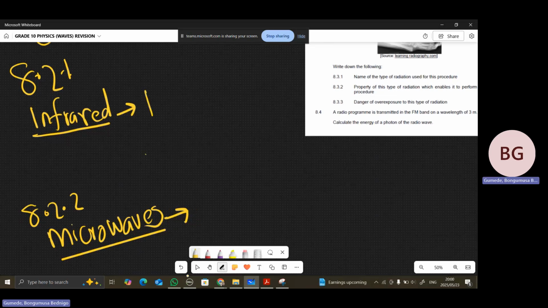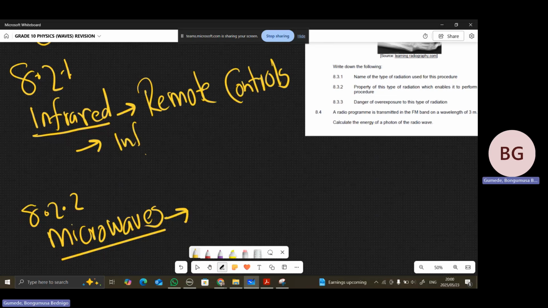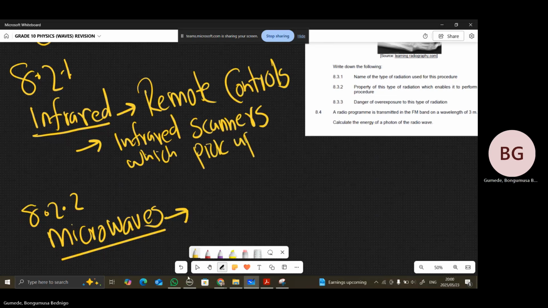All right, let's start with our remote controls. Our remote controls use infrared. We have infrared scanners, which pick up heat.